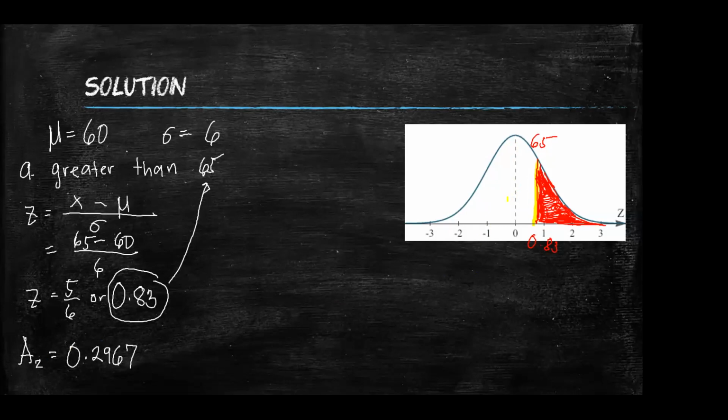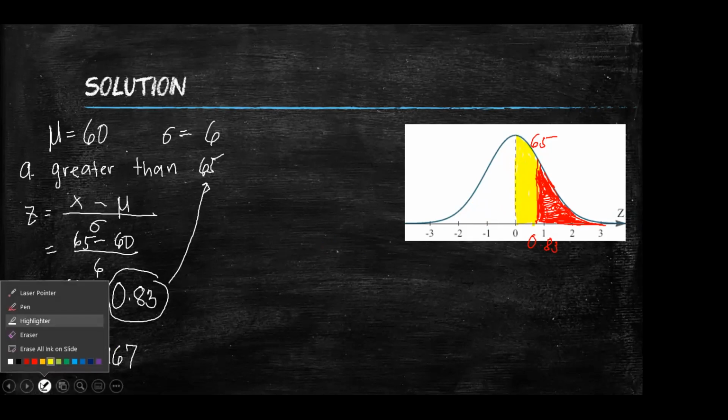Remember, based on the discussion that we have done few weeks ago, yung area under the normal curve natin based sa table is yung area from the center, from 0 to the z-score. So, kung ano yung napagitnaan ng z-score at ng 0, yun yung area na binigay sa table. So, yung yellow part class, yung area, which is yung 0.2967. Ngayon, class, hindi naman yan yung kailangan natin.